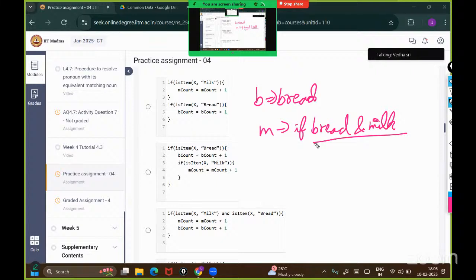Yes, ma'am. But we need the count of milk and bread separately. That's how it has to be, right? But in this case, if this condition is true, then only it will check for the milk. Let's say if a person didn't purchase bread, but he has purchased only the milk. Will that be counted here?